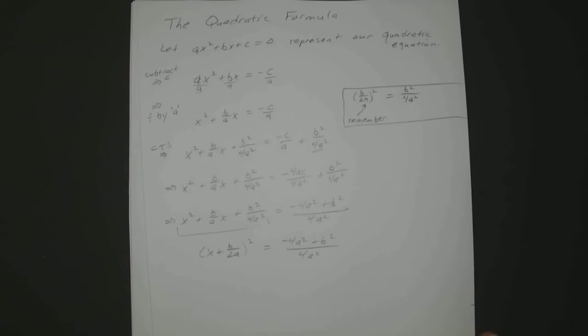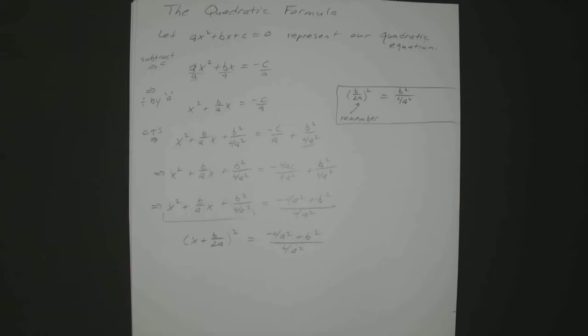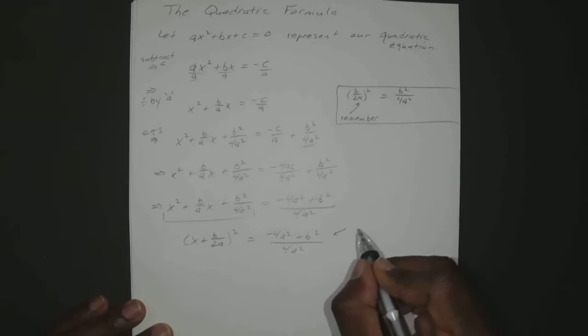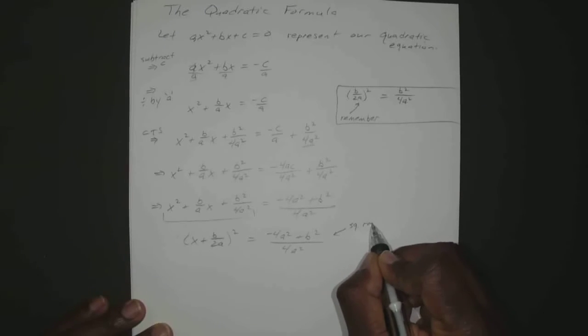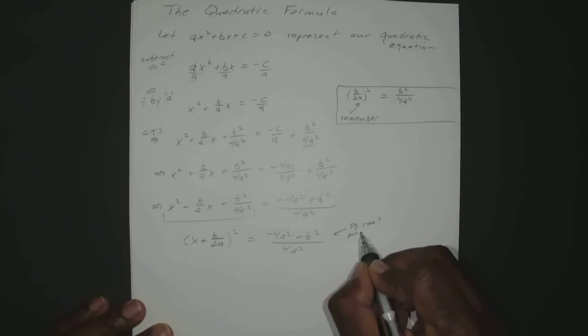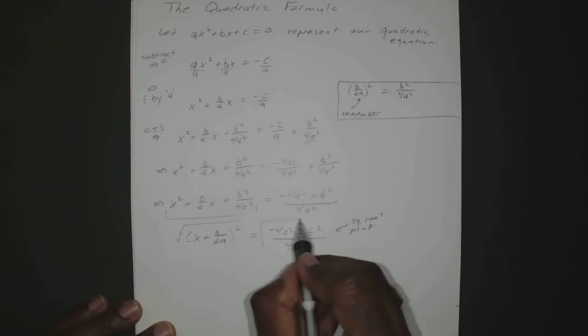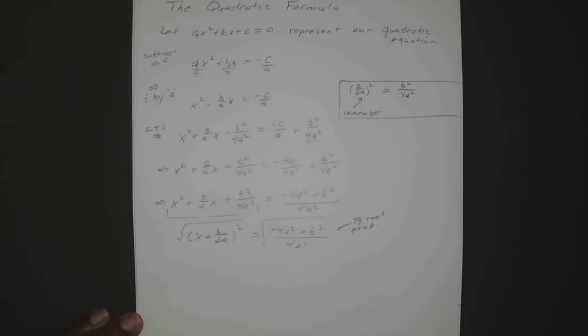Oops, clean that up. Okay, so now we just take the square root of both sides. If we square root both sides, the square and the square root cancel out.